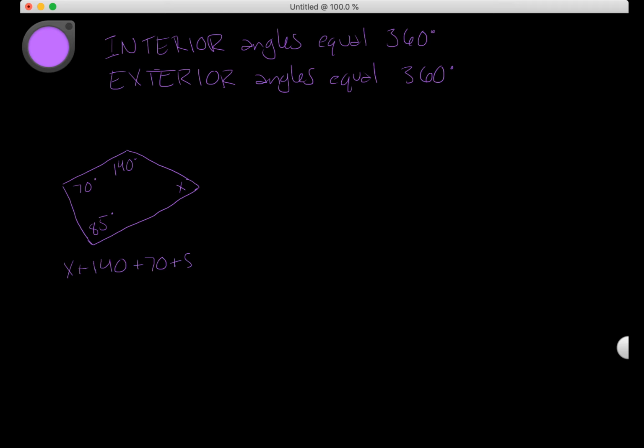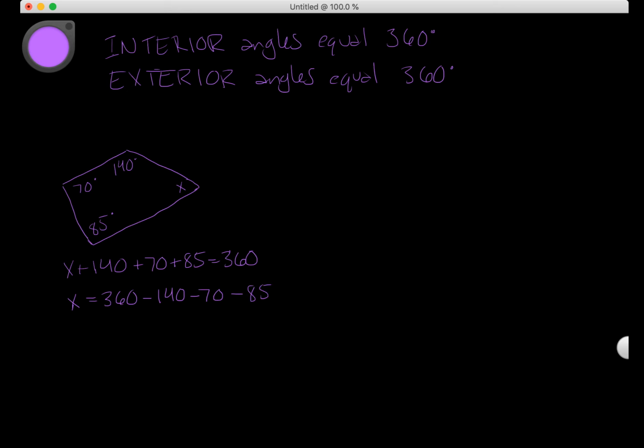Again, we want to isolate x, so I'm going to move everything to the other side. We have 360 minus 140 minus 70 minus 85.